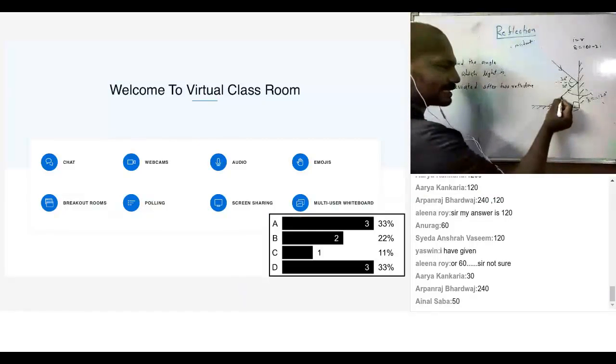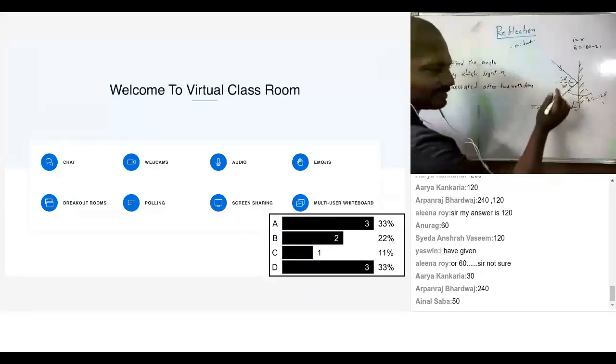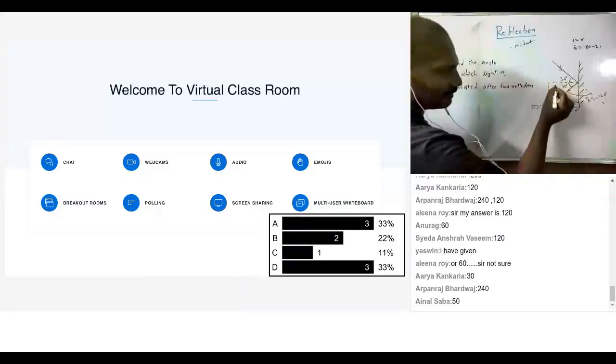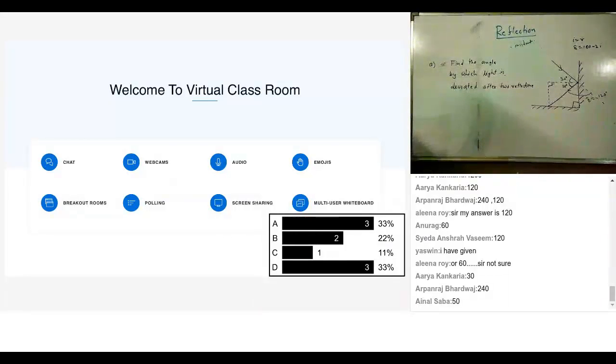Because the light is coming here and striking the surface again. Now if this is 30, I draw another normal here. This is 90 degrees, because both the surfaces are perpendicular to each other, so both the normals will also be perpendicular to each other.